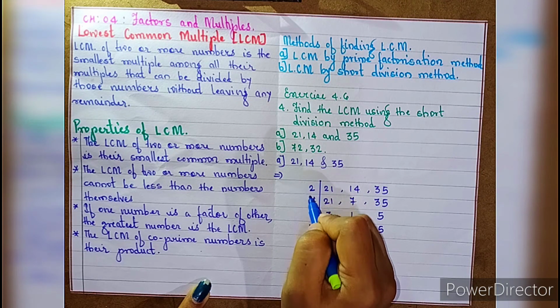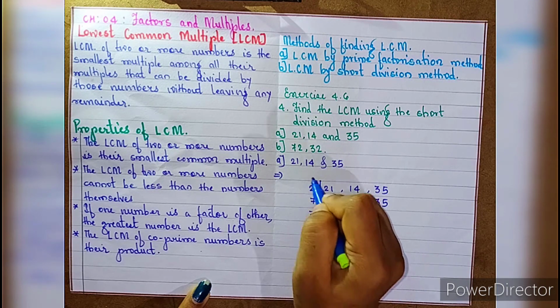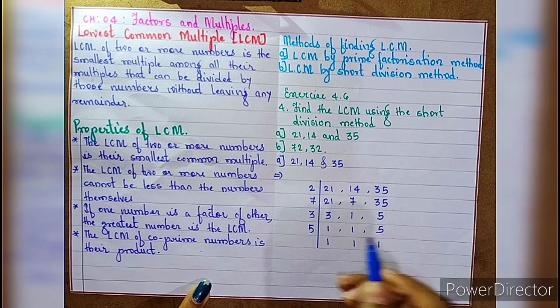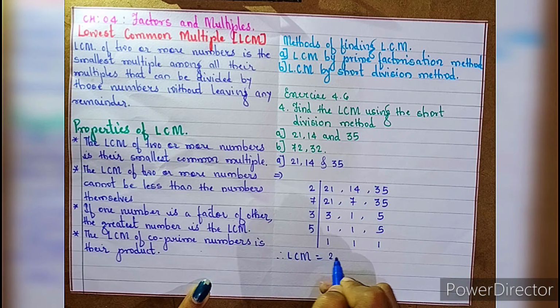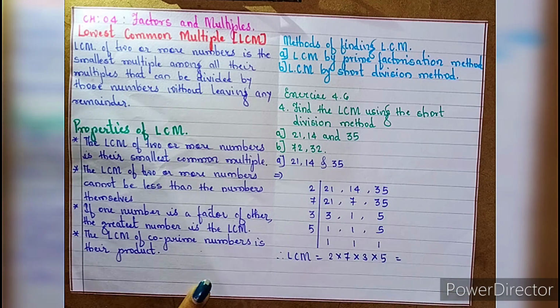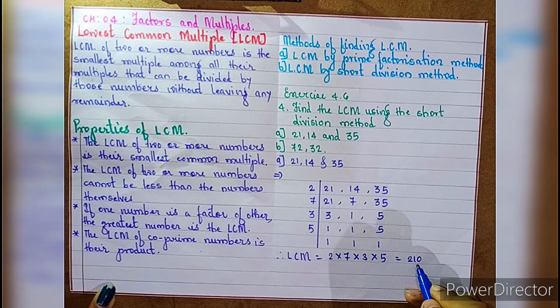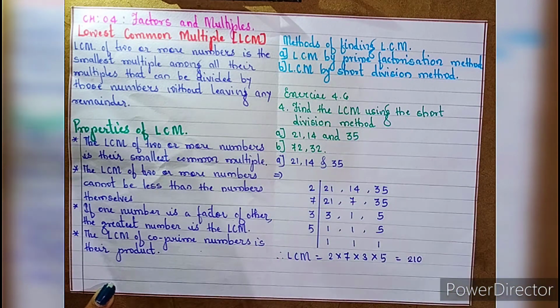Therefore, we have got a set of prime factors. After multiplying these factors, we will get the LCM. Therefore, LCM equals 2 into 7 into 3 into 5. Let's find the product now. This gives the product 210, therefore LCM is 210. Similarly, you can solve for the example 72 and 32.